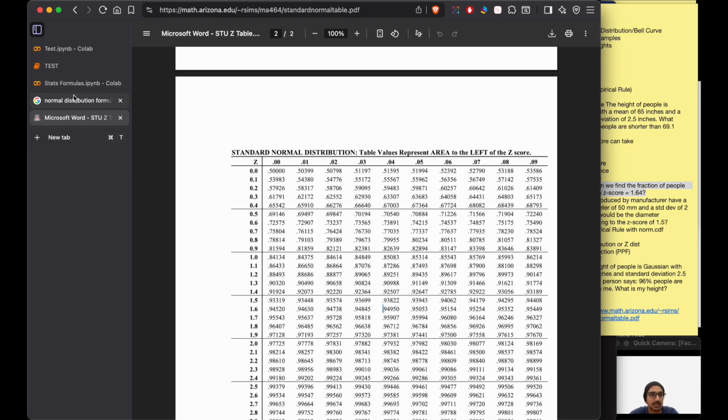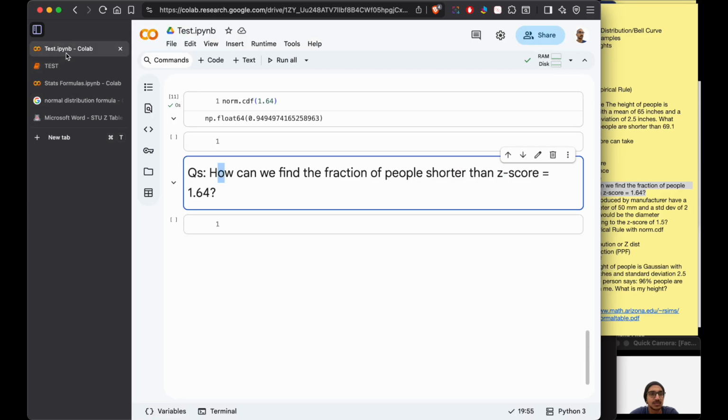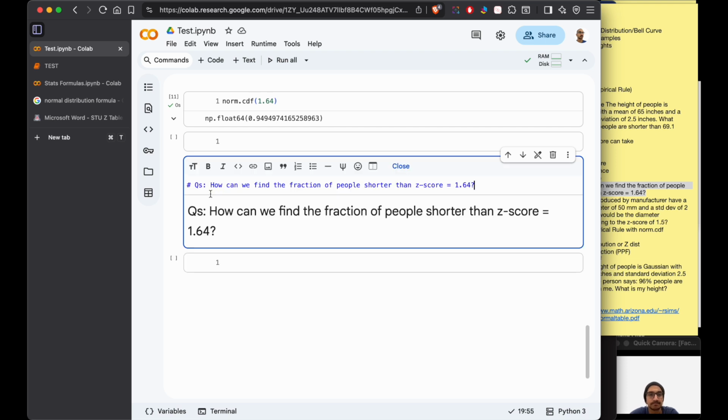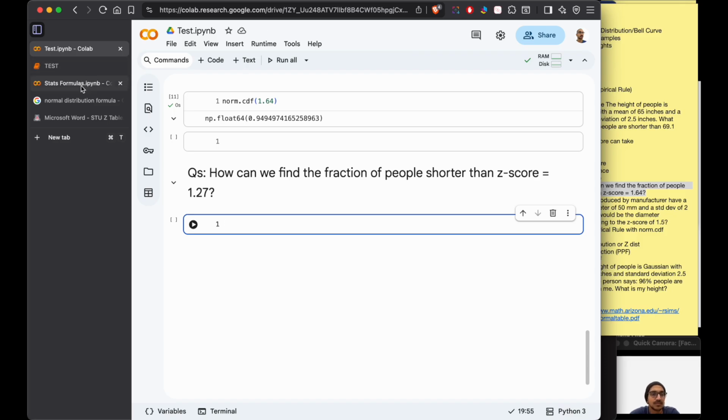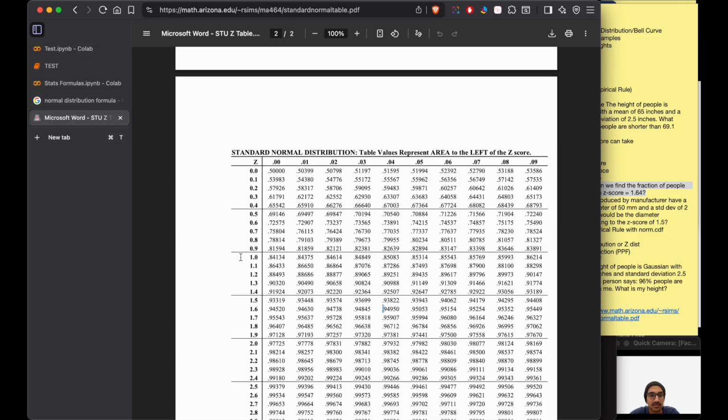Which is 0.94. So let me change the question slightly. Let's say maybe 1.27. So if we look at 1.27, 1.2 is here, and 7 will be this one. So the third digit is 7, right? So we'll use this one.